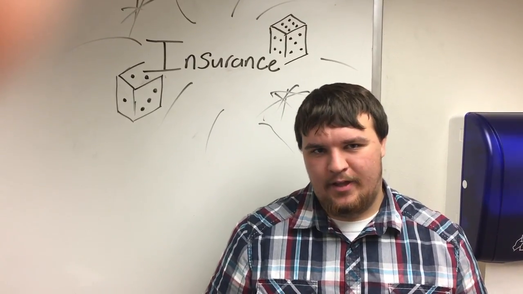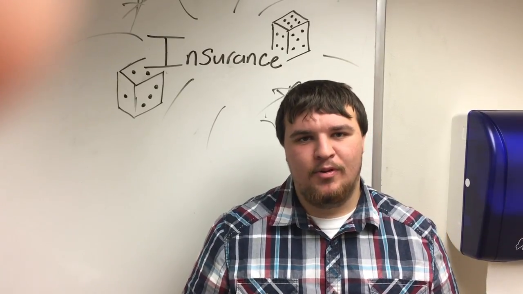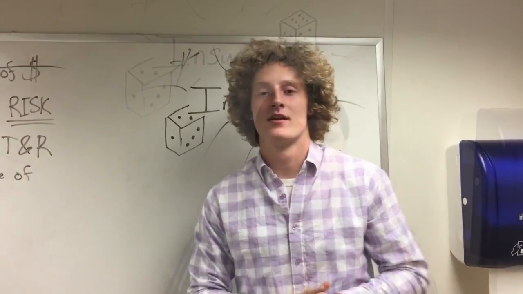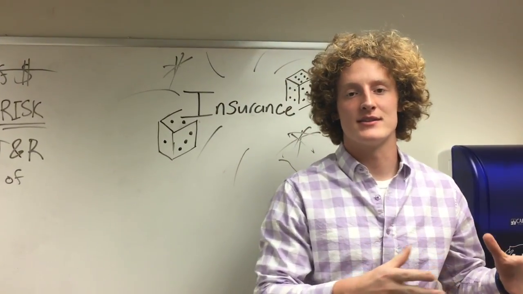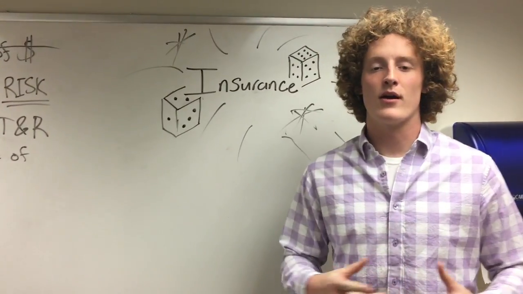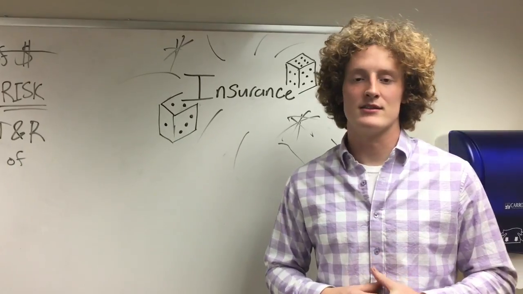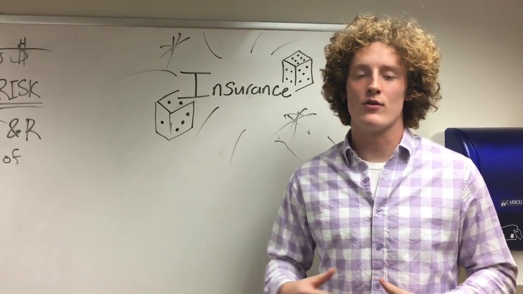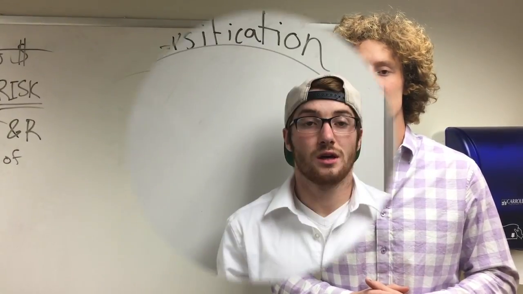You may not break your leg, or your house may not catch fire, but for peace of mind, people will buy the insurance. To hit back on insurance, the role of insurance is not to eliminate risk, because that's impossible, but to spread it around more efficiently. The market for insurance also has issues. A high-risk person is more likely to apply for insurance, but with that, they have less incentive to be careful.